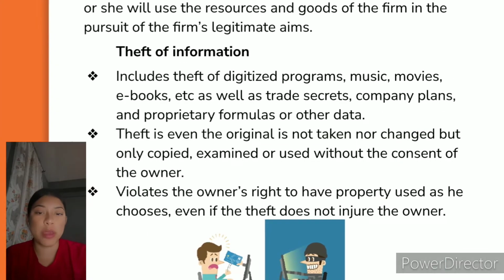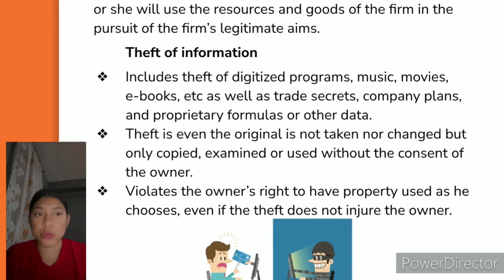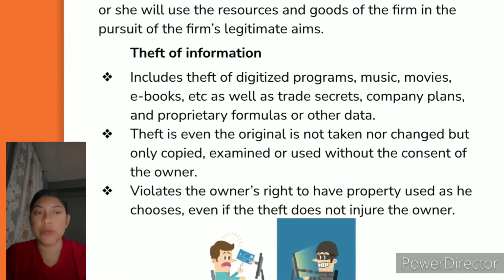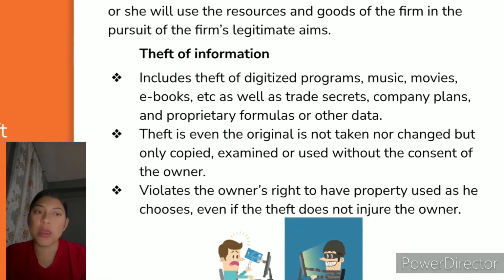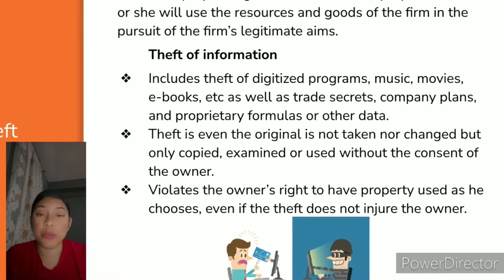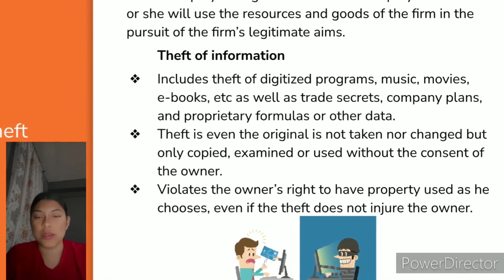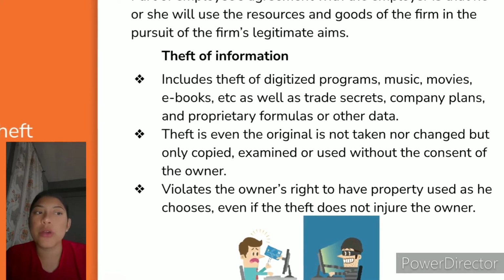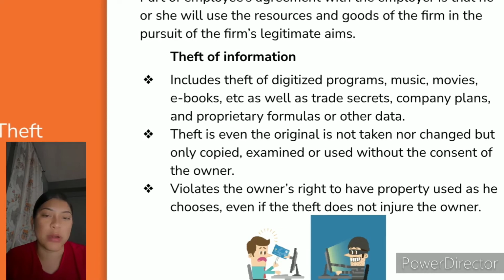Theft. Part of the employee's agreement with the employer is that he or she will use the resources and goods of the firm in the pursuit of the firm's legitimate aims. Theft of information includes theft of digitized programs, music, movies, ebooks, and so on, as well as trade secrets, company plans, and proprietary formulas or other data of the company.